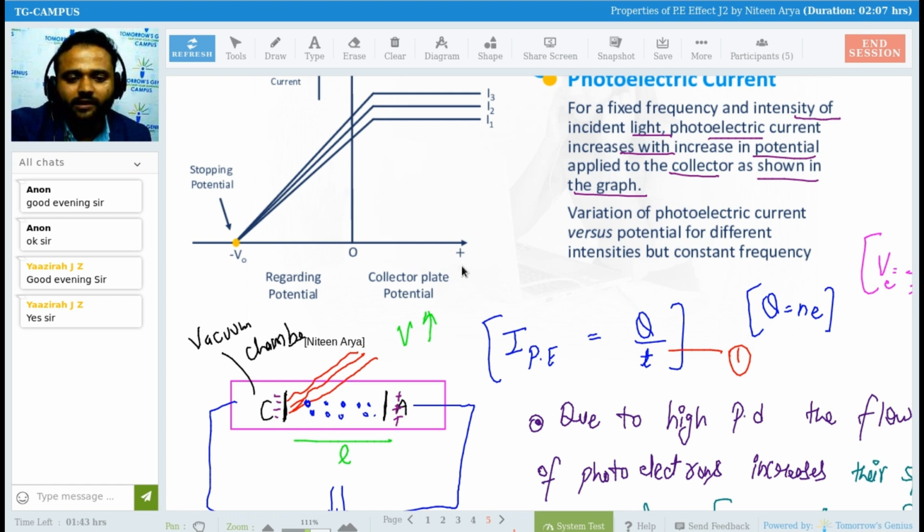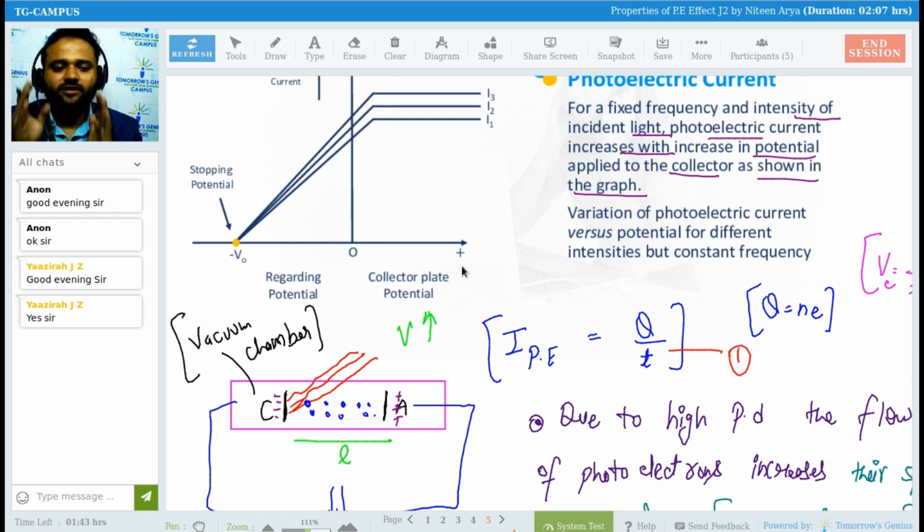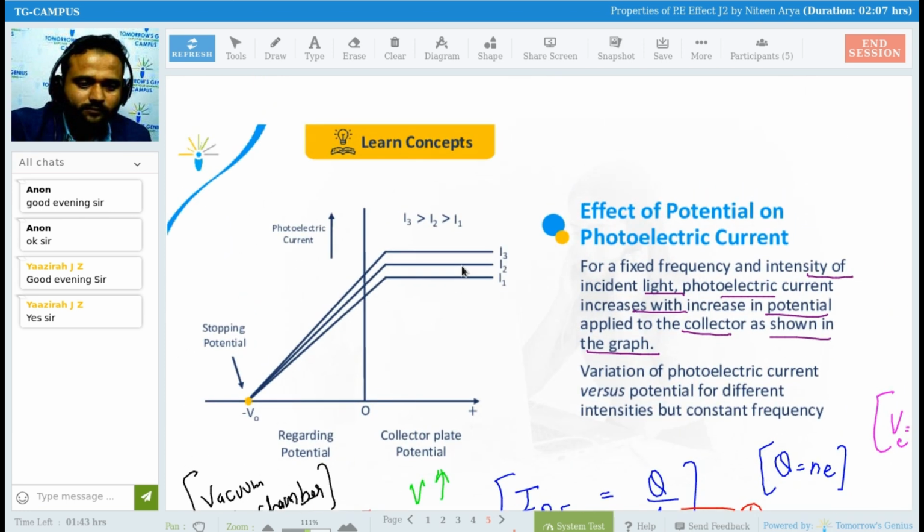Obviously, if I'm not altering its dimension, the length remains same. But the speed in between them is going to increase, so automatically time is going to decrease. Clear enough? This thing is clear enough now?